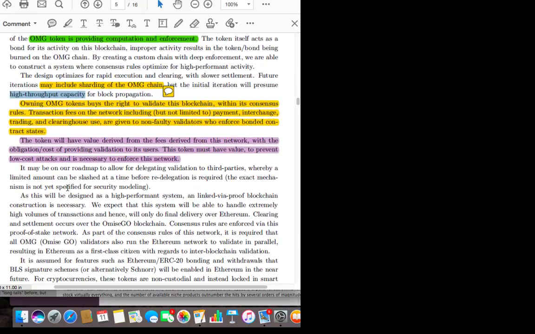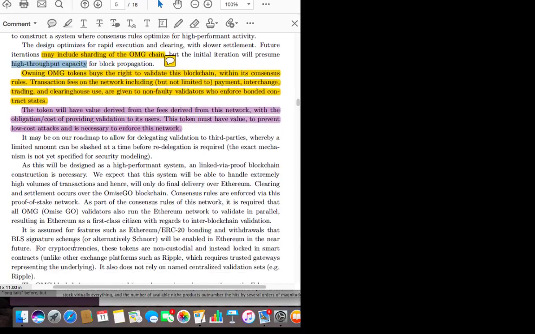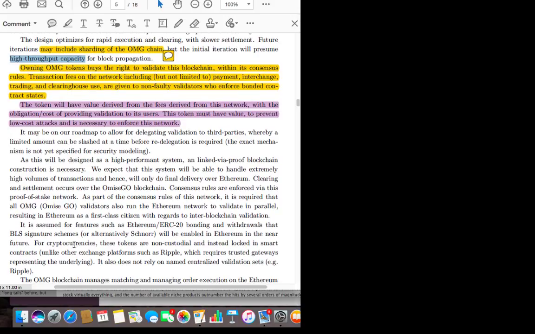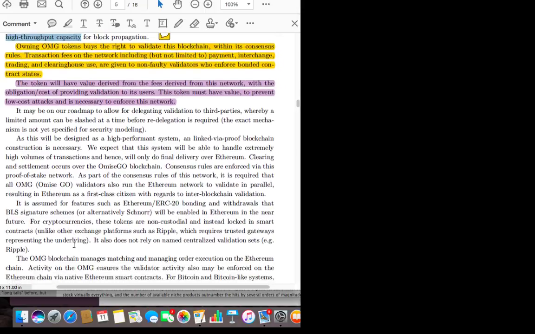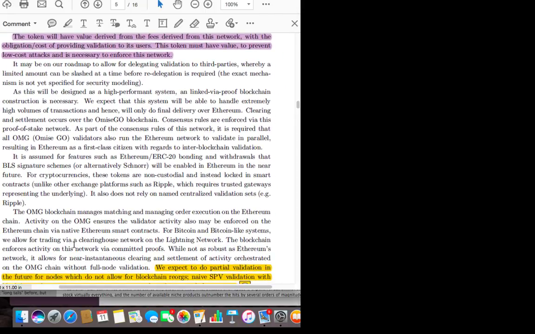Therefore, the token will have value derived from the fees from this network, with the obligation cost of providing validation to its users. This token must have value to prevent low-cost attacks and is necessary to enforce this network. So very interesting there. I'm going to talk about validation, maybe delegating this validation to third parties, but I think initially that's not part of the roadmap, guys.